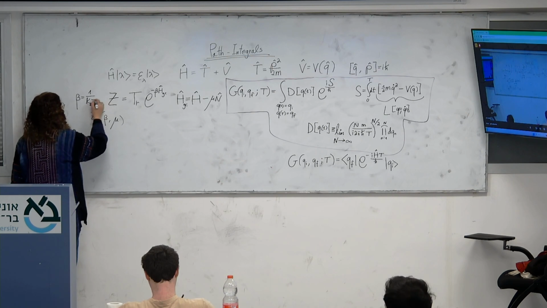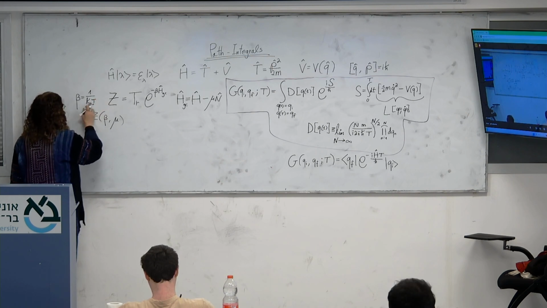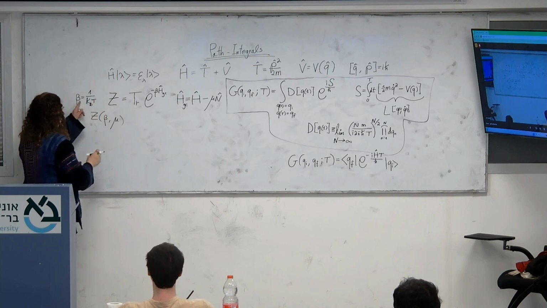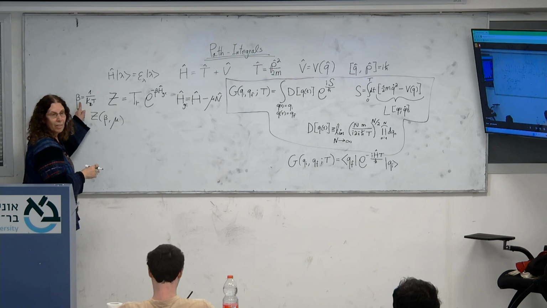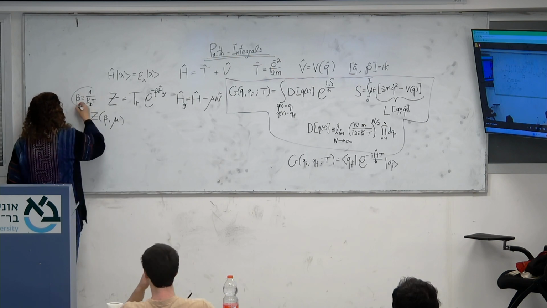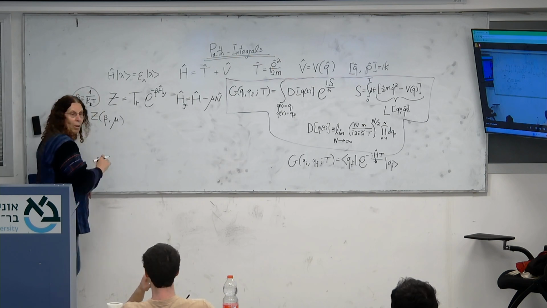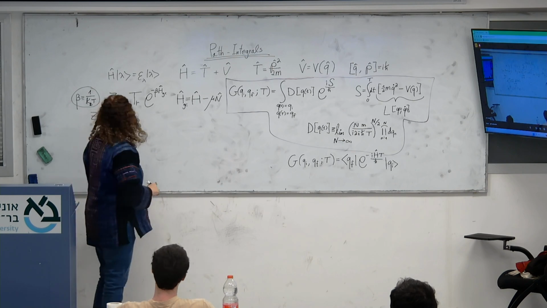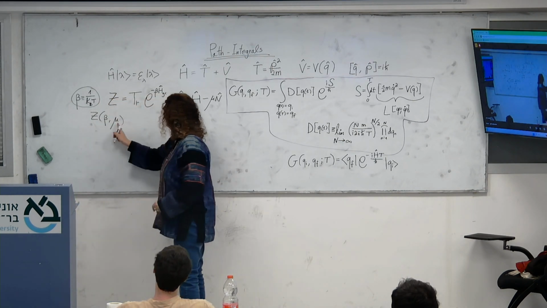Here T is temperature, but we're not going to use temperature, we're going to use beta. So I just write it here, and from now on we have only beta. Actually it's a function of beta and mu.